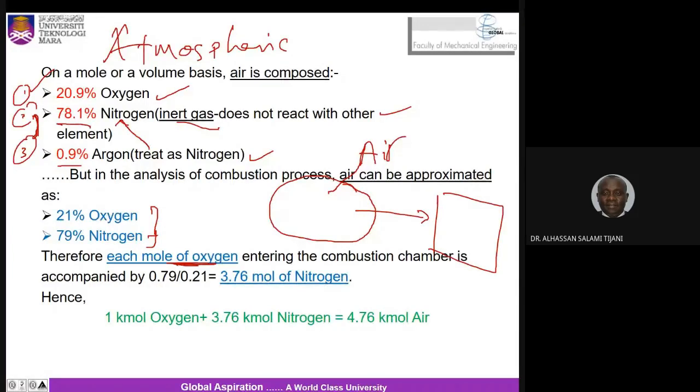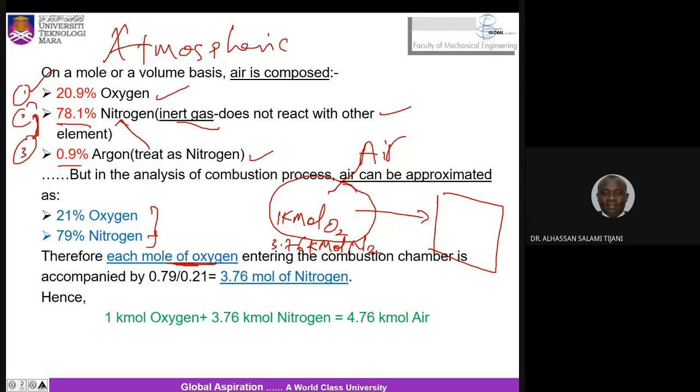For every 1 kilomole of oxygen present, there will be 3.76 kilomoles of what? Nitrogen. So for every 1 kilomole of oxygen, there will be 3.76 times that in kilomoles of nitrogen present. That is the idea that we are trying to put across over here.